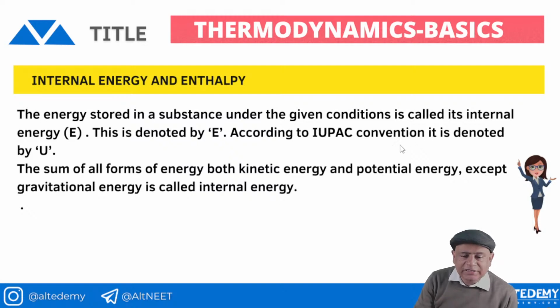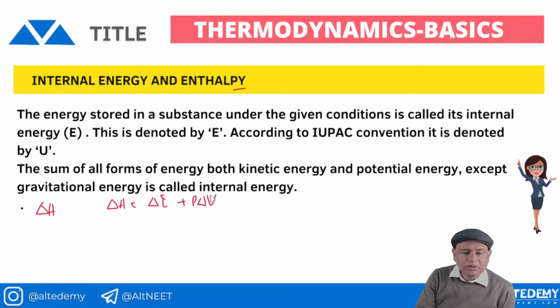Internal energy and enthalpy. There is another term called enthalpy, which is denoted by delta H. Delta H is generally written as delta E plus P delta V. This is internal energy, this is enthalpy.